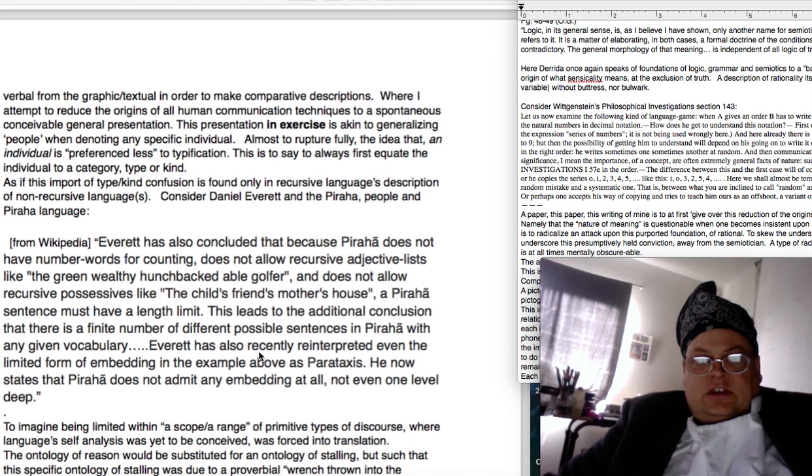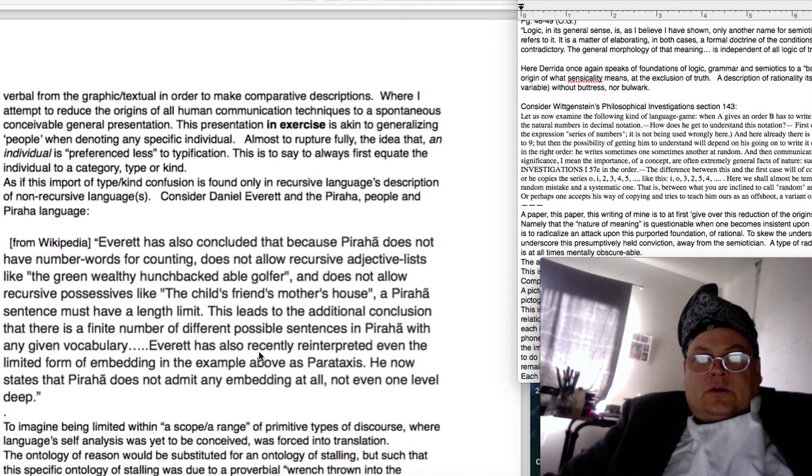The presentation in exercise is akin to generalizing people when denoting any specific individual, almost to rupture fully the idea that an individual is preferenced less to typification.